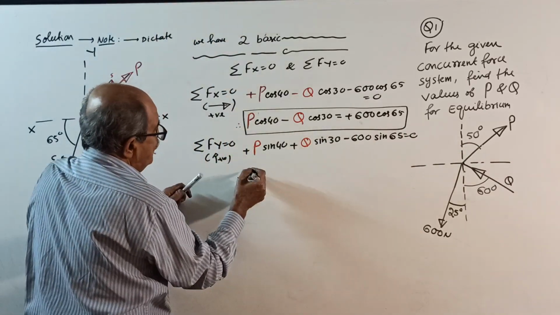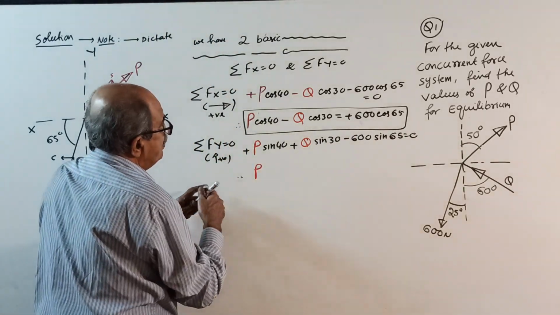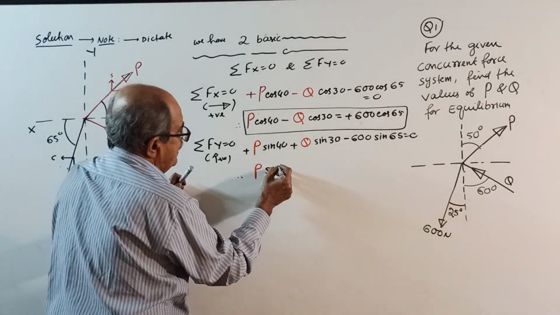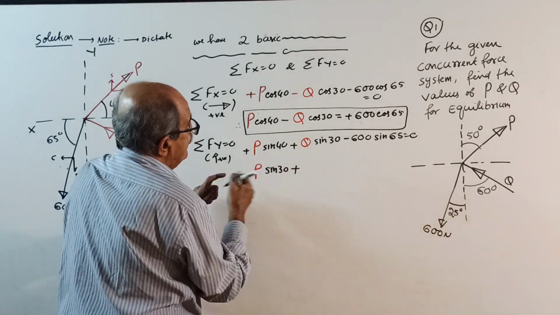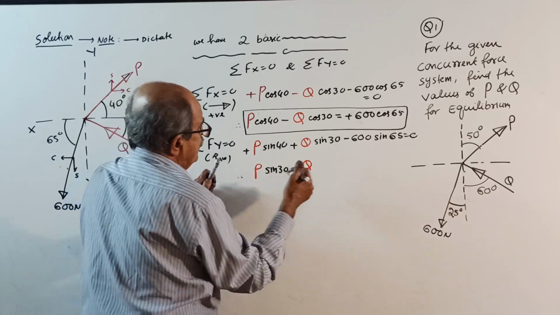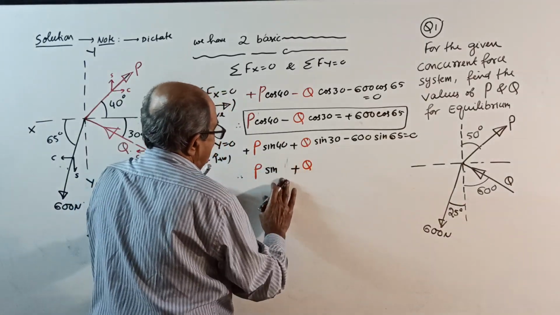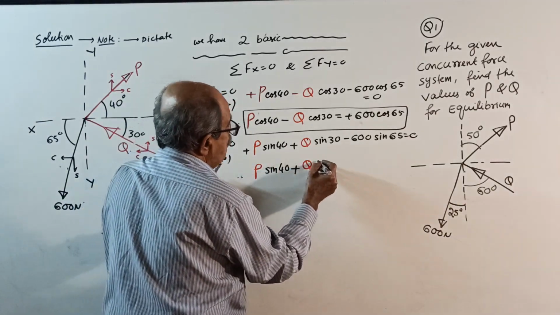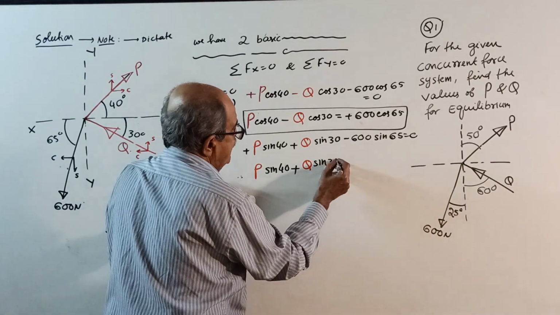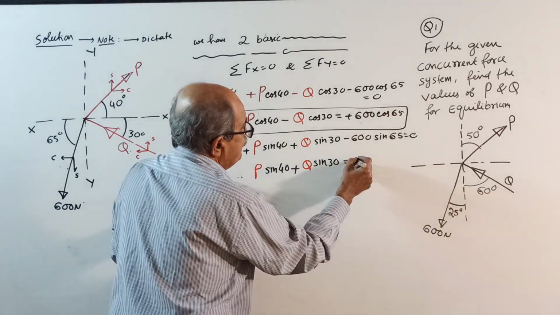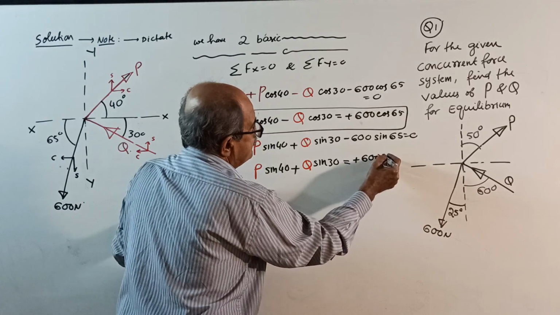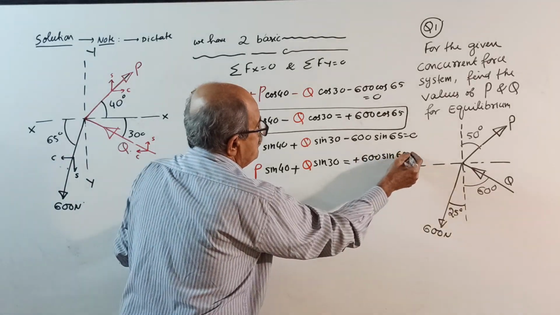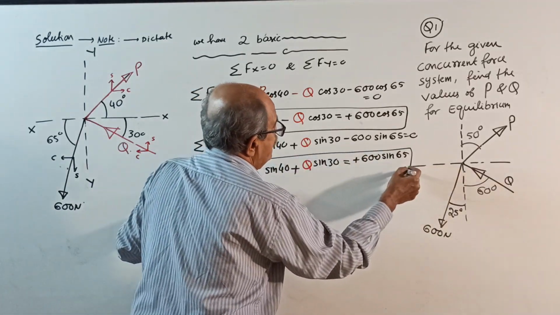Therefore, P sin 40 plus Q sin 30 equal to plus 600 sin 65. This is your equation number 2.